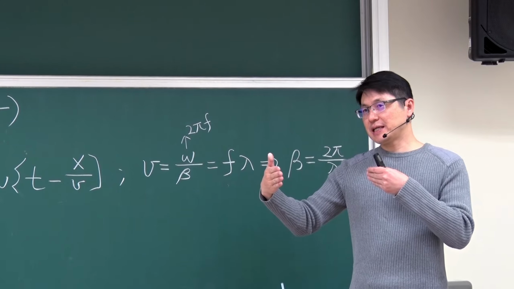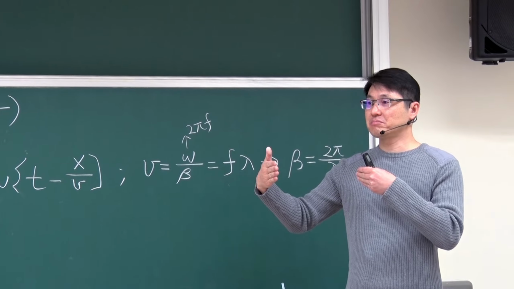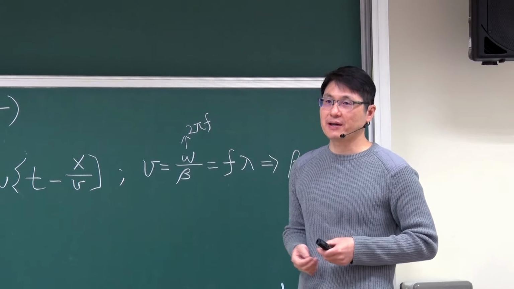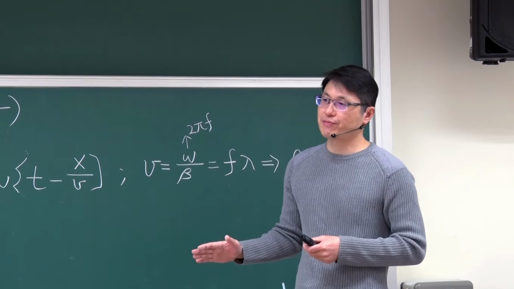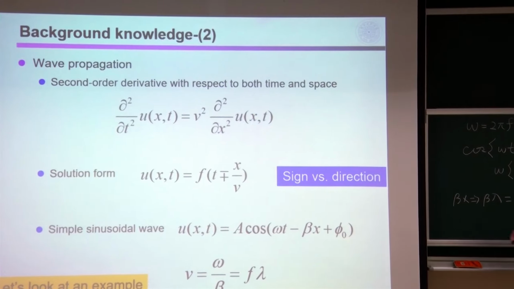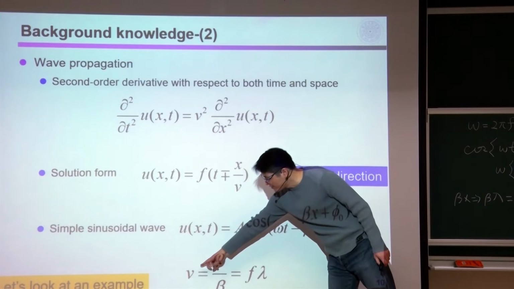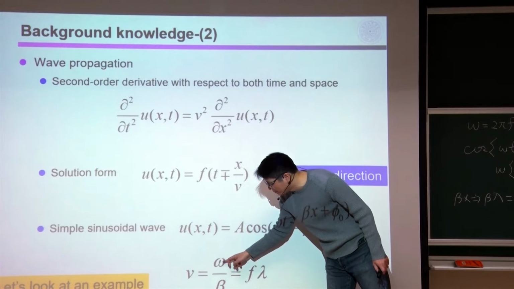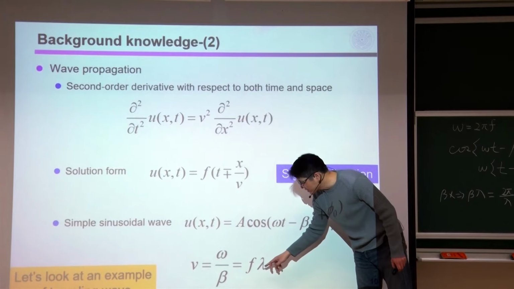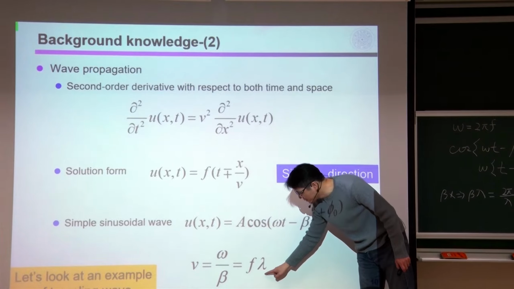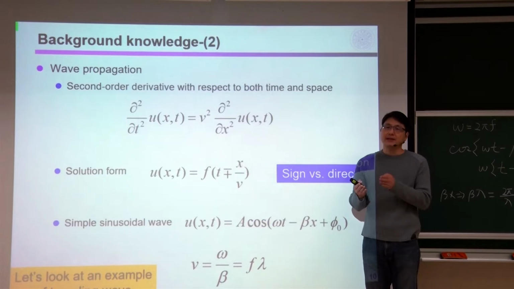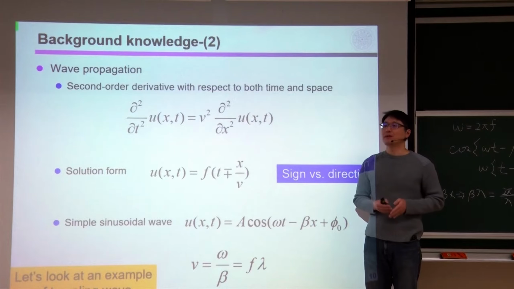If your distance is an integer multiple of the wavelength, you acquire multiples of 2 pi. Okay? So that's very straightforward. Do we have questions up to now? On the PowerPoint, I wrote you the definition of v in terms of omega divided by beta. And then that velocity is defined by frequency multiplied by lambda. So now you have to write it yourself. Beta is actually 2 pi divided by lambda.